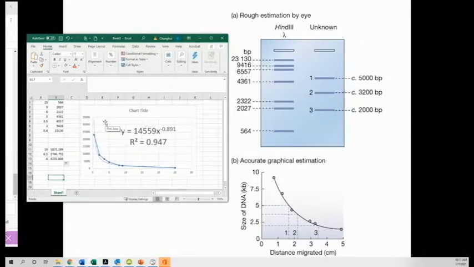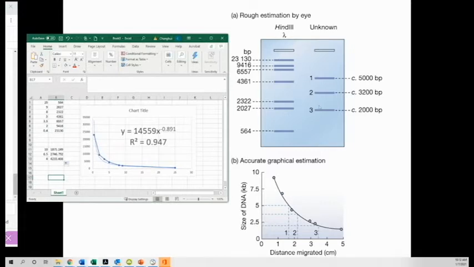To find that, you need to run your unknown DNA with the size marker. The size marker is DNA with known sizes.